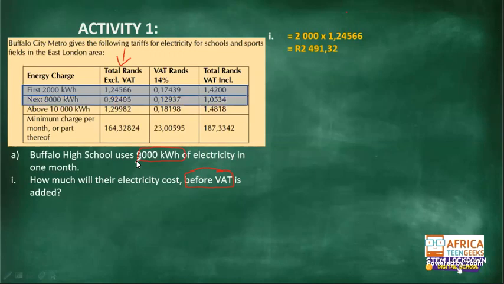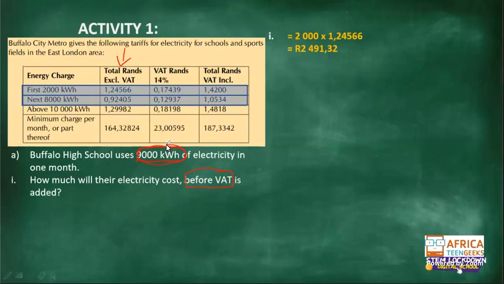Okay, next one. How many units do they use in the second block? Remember, Sharon, this is for the next 8,000. They are only using 9,000 units, okay? So we already have 2,000 units. So how many units are left?